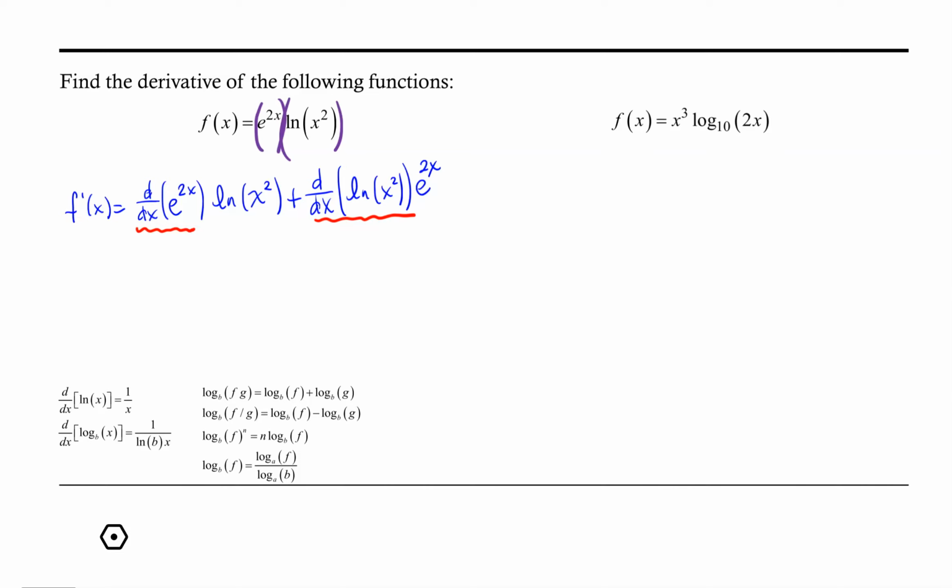So notice that we have e to the 2x, so we will be using both what we know about the derivative of the exponential function along with the chain rule. We must use the chain rule because this exponent for our exponential function is more than simply x.